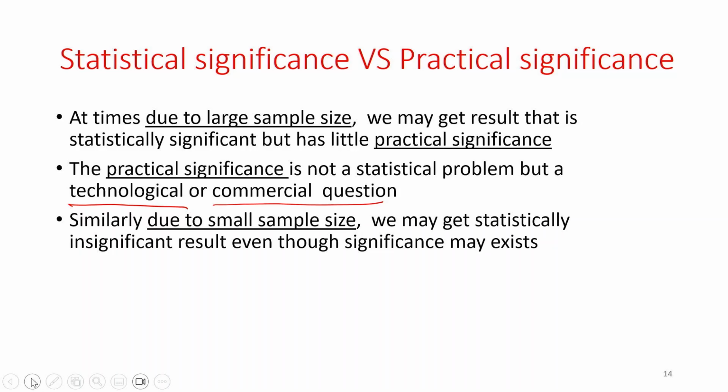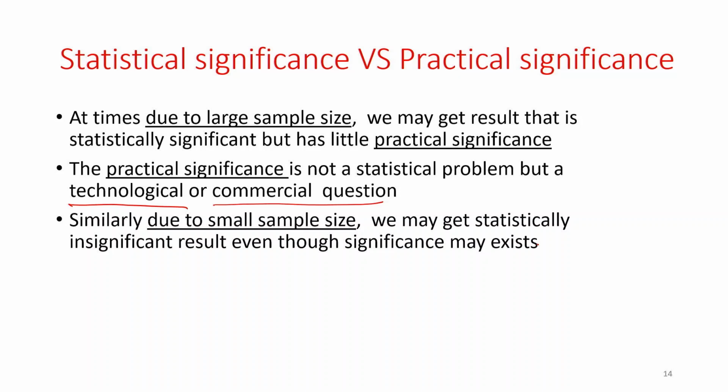Similarly, due to small sample size, we may get a statistically insignificant result even though the significance may exist. This can also happen sometimes. So these two things you have to remember: what is practical significance and what is statistical significance.